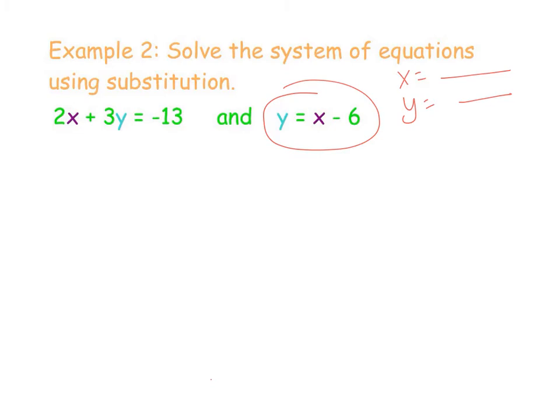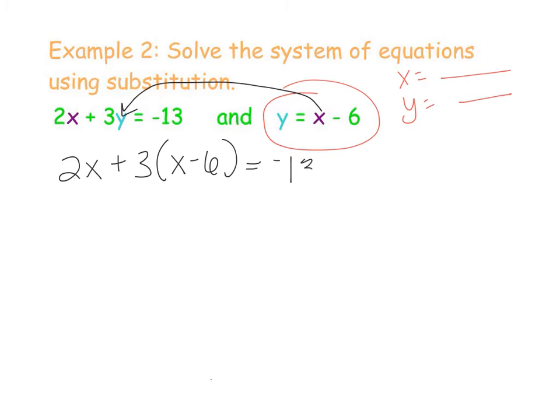So we're going to take what y equals and we're going to substitute it into the other equation. 2x plus 3, and instead of writing y, I'm going to fill in what y equals. Y is x minus 6, right? I just substituted in place of y what y is. And then I have my equal sign and my negative 13.